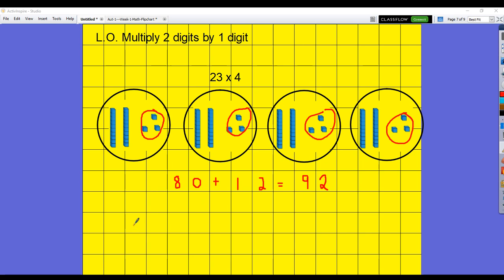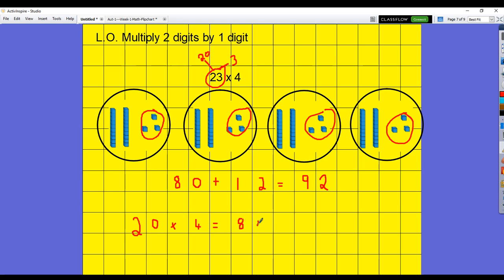To prove we are correct, we could break down the 23. We could partition the 23 into 20 and 3. Okay, and so we're going to do 20 times 4, which equals, well, we know that we've just done that because 2 times 4 is 8.